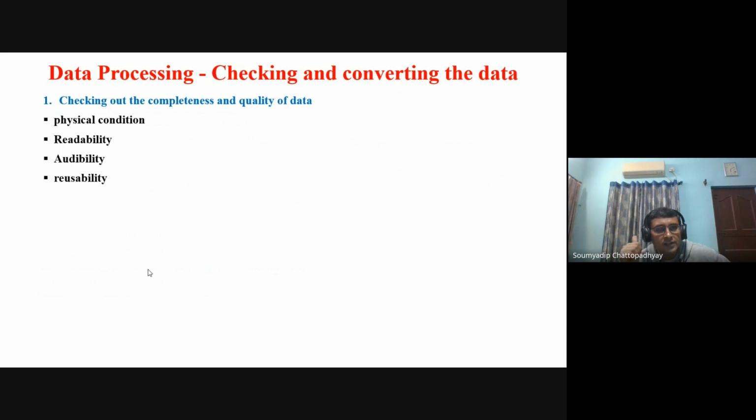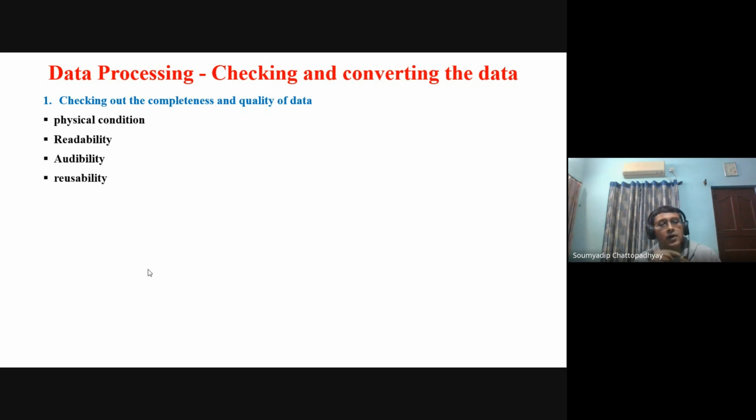First, you have to check the completeness and quality of data. In the literature, by completeness and quality of data, these are the four aspects generally referred to: the physical condition of the data, readability of the data, audibility of the data, and reusability of the data.